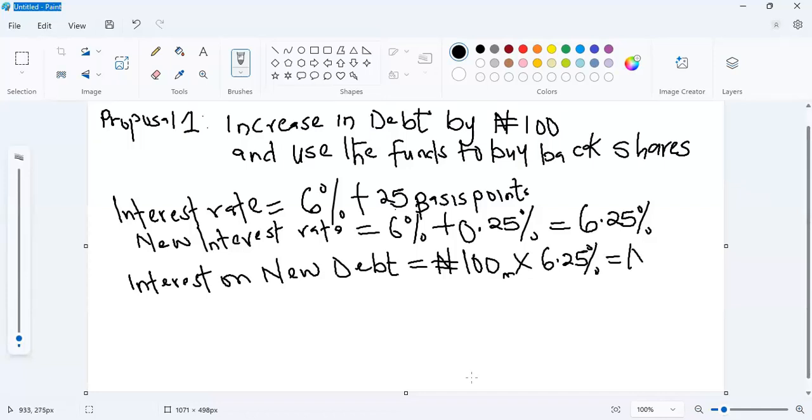That will give us 6.25 million. That is the interest on the new debt.